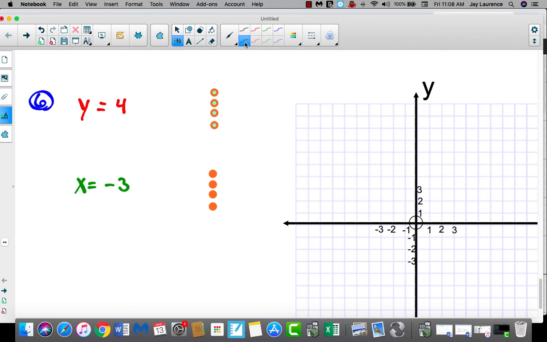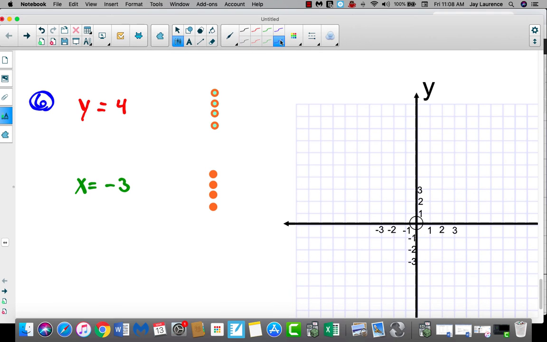Now, the red one is in slope intercept form, believe it or not. It's y equals 0x plus 4, because there's 0 x's in the equation. Don't say no x's or none. There's 0 x's. So my y-intercept is 4, and my slope is 0, or 0 over 1.